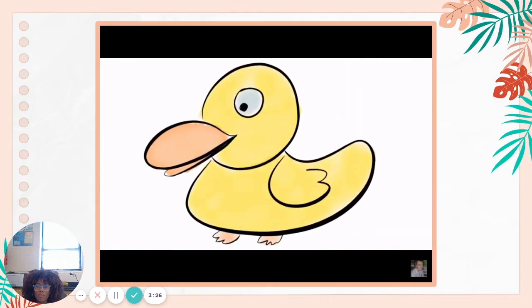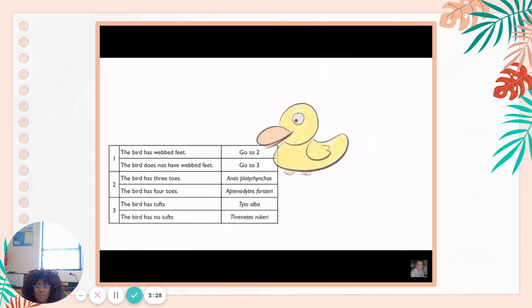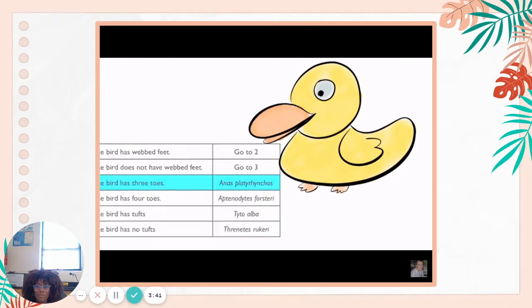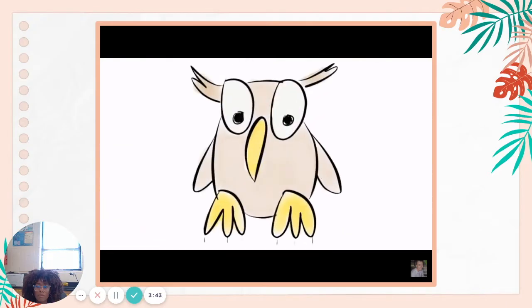Using the same chart, we can figure out the scientific name of the duck. Starting at number 1, we see our bird has webbed feet, so we'll go to step 2. We have to count the toes. A duck has 3. We just figured out the scientific name again. Lastly, an owl.